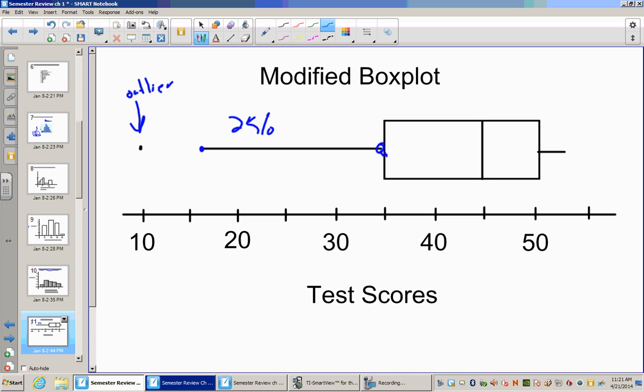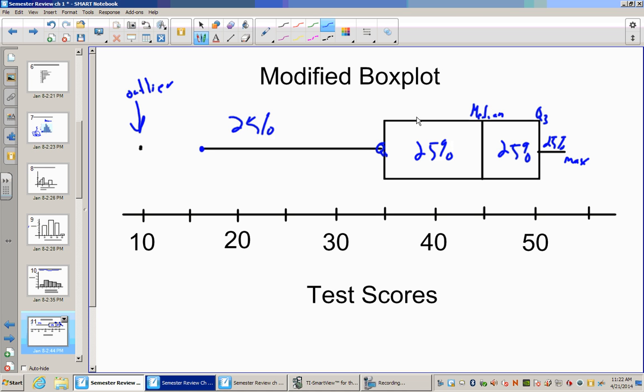Here is our Q1, and then 25% of the data is before we hit the median, and then 25% of the data is before we hit Q3, and then 25% of the data is at your max. Now, keep in mind, just because this is a longer space doesn't mean more data is here. 50% of the data is below the median and 50% is above the median. This just means there are a lot more people in a smaller area.